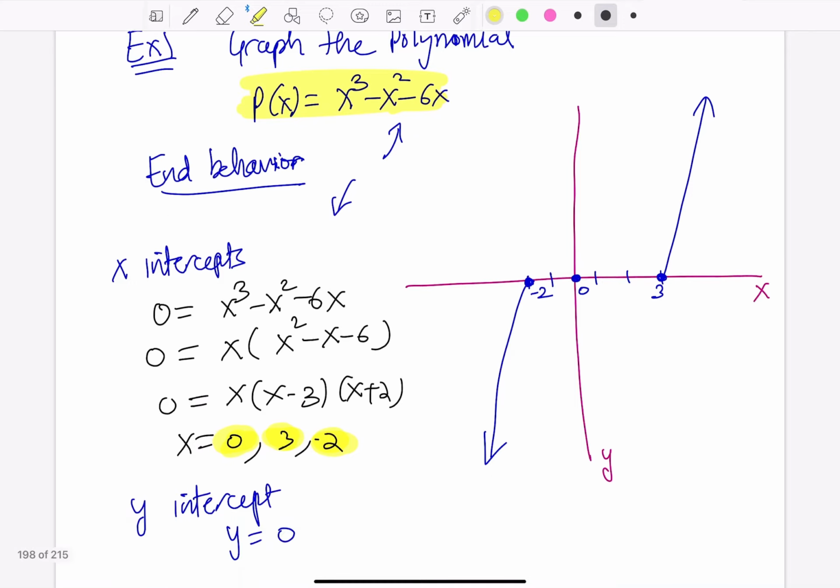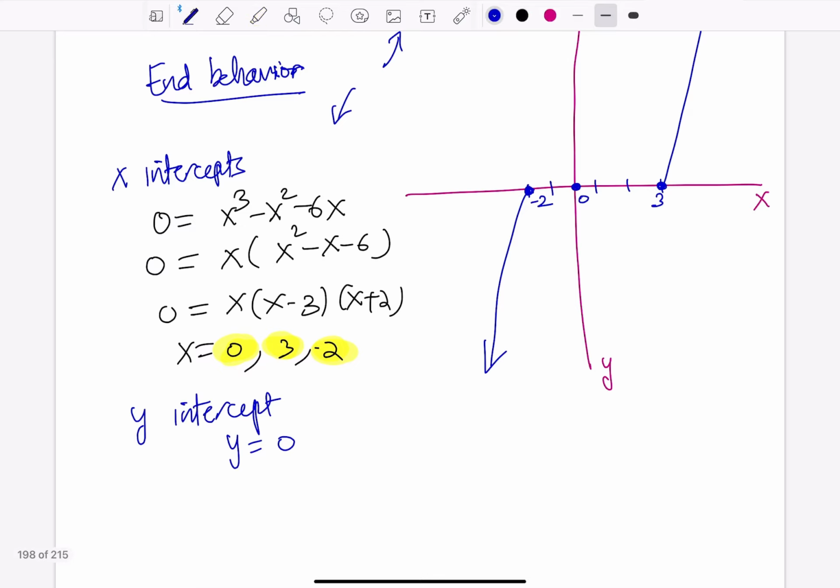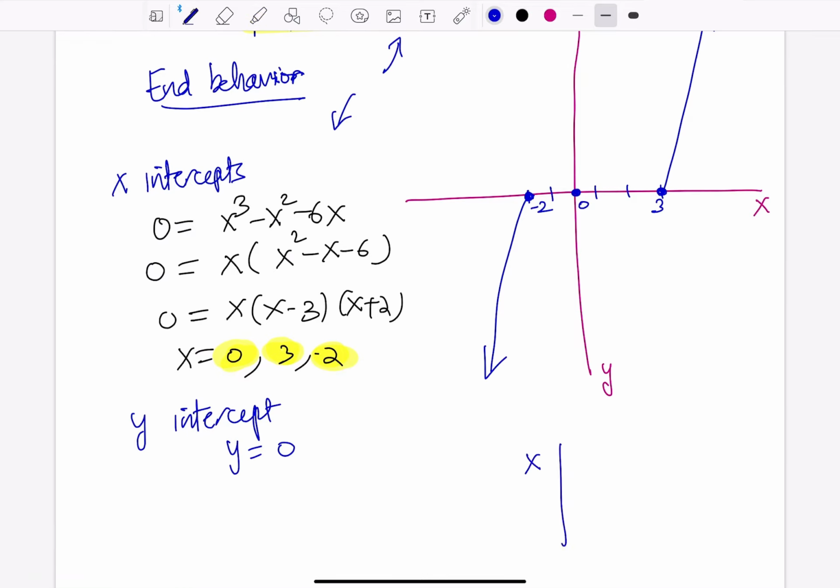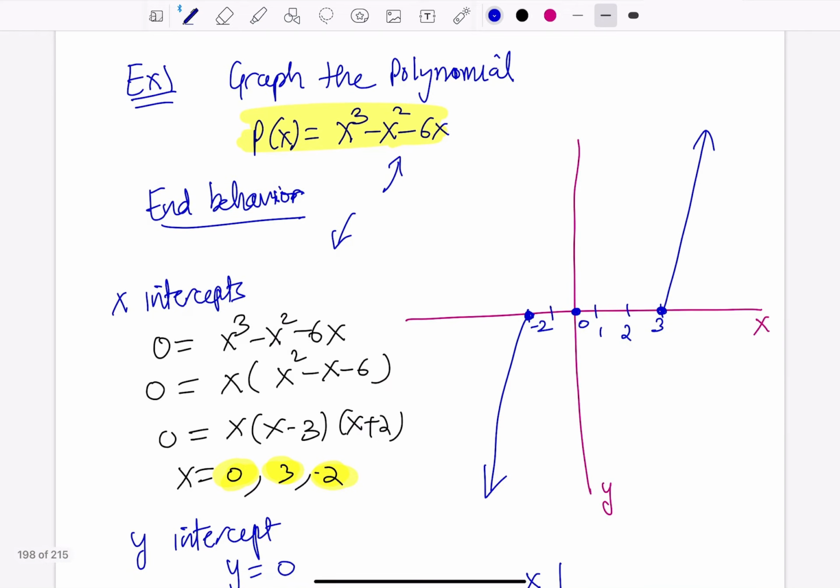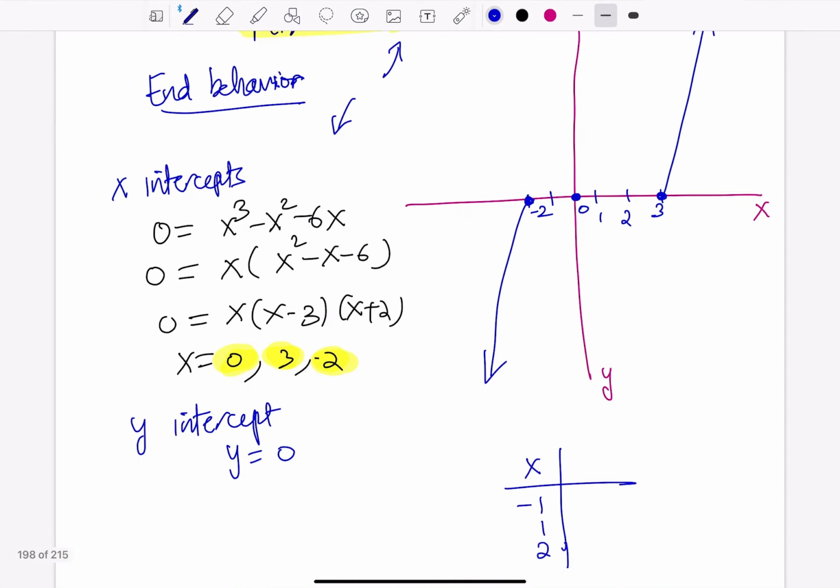So let's figure out when x is negative 1, what's happening. What's the y value when x is negative 1? And what's the y value when x is 1 and 2? Let's go ahead and plug them into the original equation and see what we get for the y values. When x is 1, we'll have 1 minus 1, which is 0, minus 6.